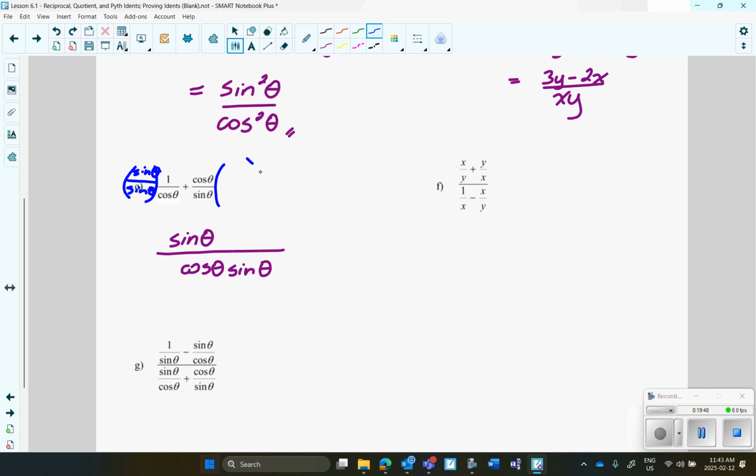What do I have to multiply the second fraction by? Cos, top and bottom, to get the LCD. So that gives me cosine on the bottom. Remember, sine cos is the same as cos sine. And what's cos theta times cos theta? Cos squared theta. Done. I made it into a single fraction.